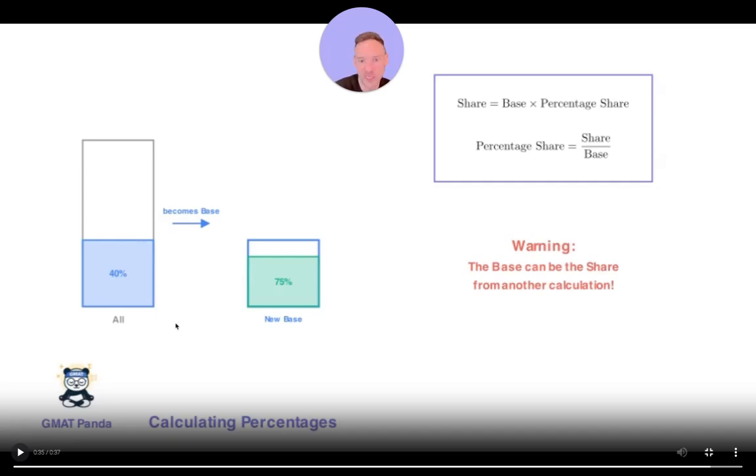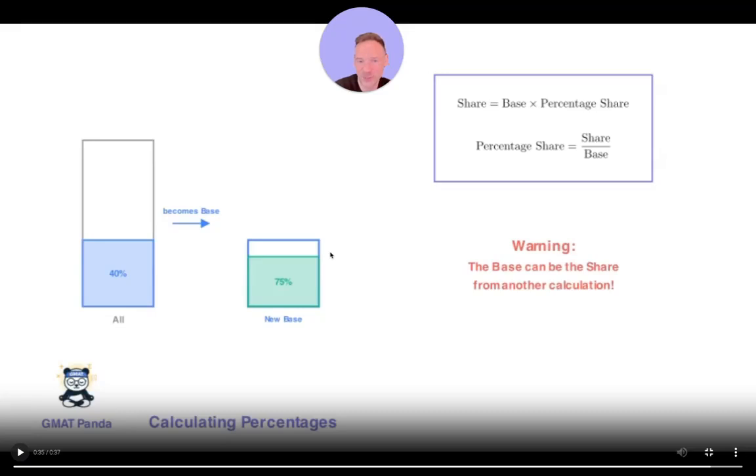And then what we are told is that 75% of that 40% are intending on voting for candidate X. Now, in this case, the 40% is a percentage share of the initial rectangle, but then it becomes the base of the second percentage calculation.